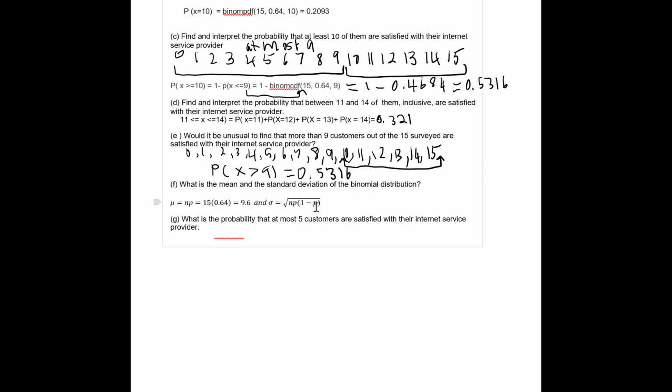Now we need to find the standard deviation of the binomial distribution. The standard deviation, guys, is the square root of npq. Q is the probability of failure, which is 1 minus p. So this will be equal to the square root, n is 15, p is 0.64, and 1 minus p is 1 minus 0.64.